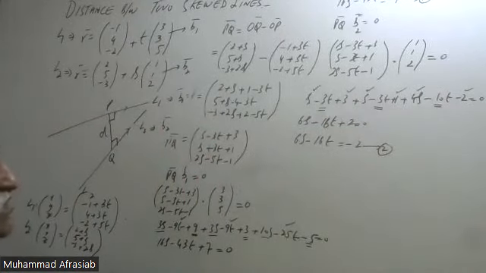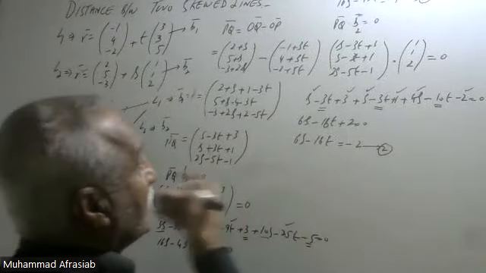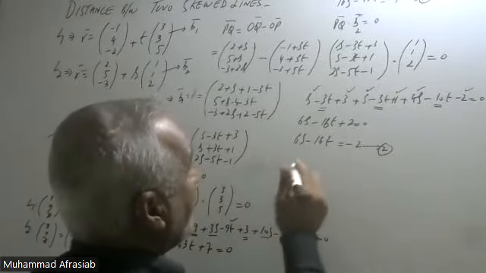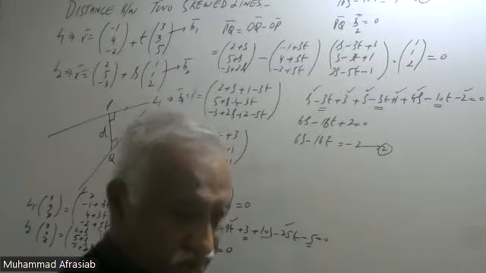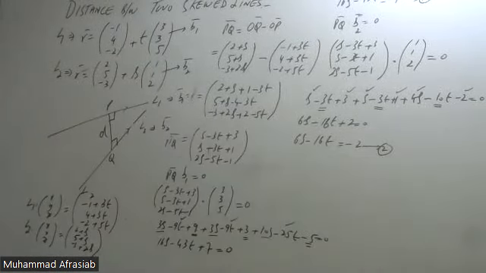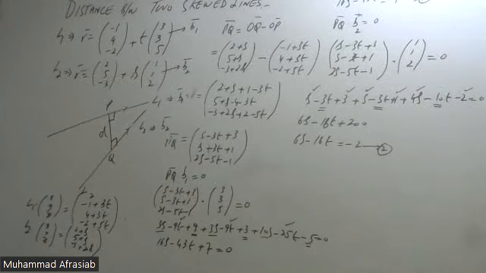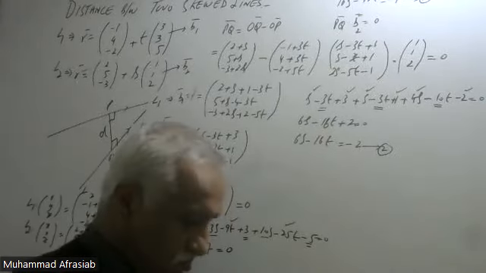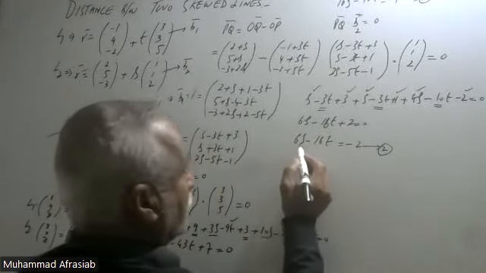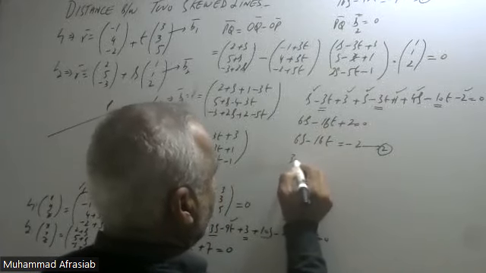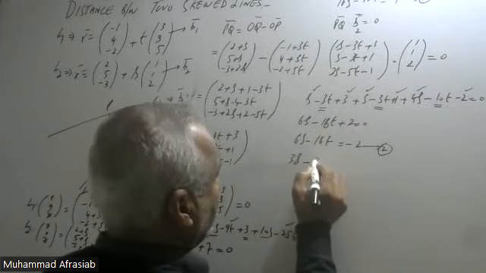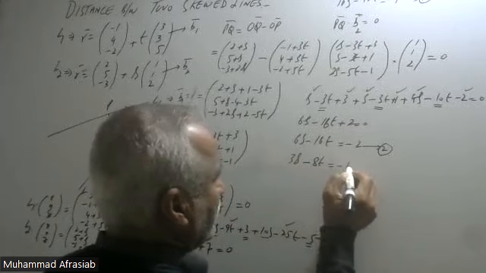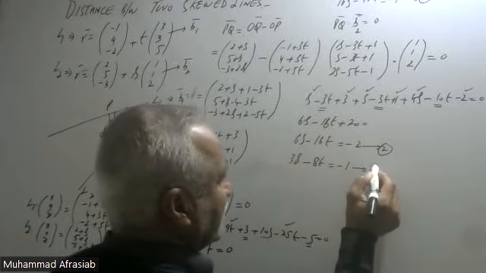Now we can solve this 1 and 2 simultaneously. Now this will become 3s minus 8t is equal to minus 1. Let's say that is 2.